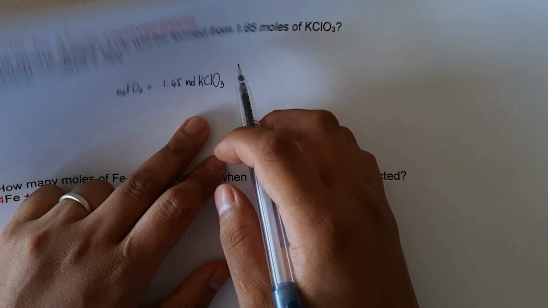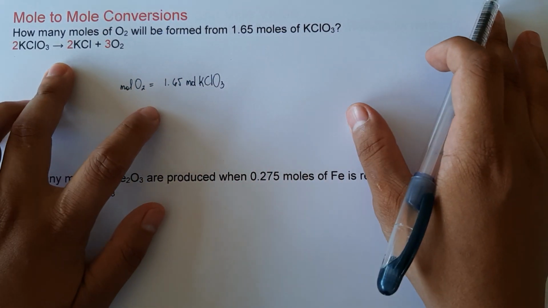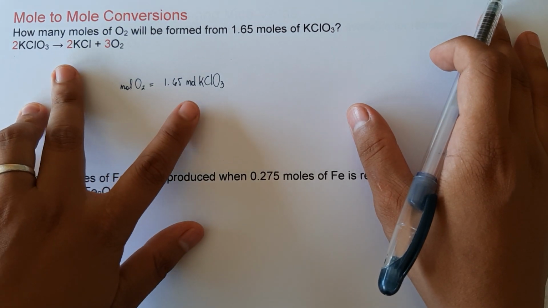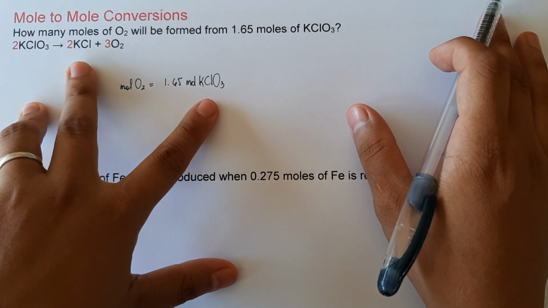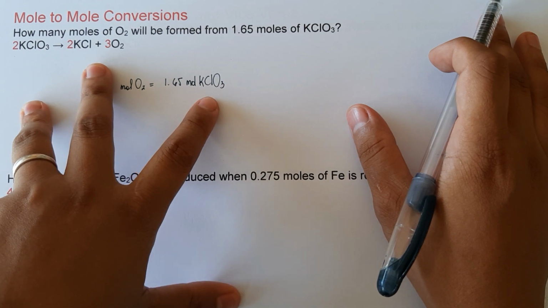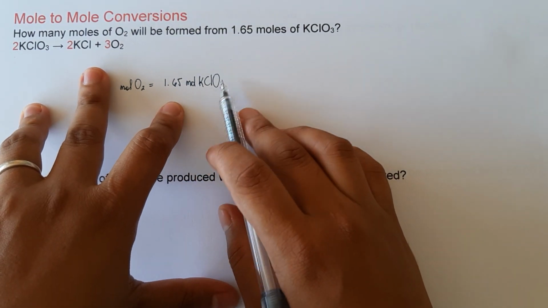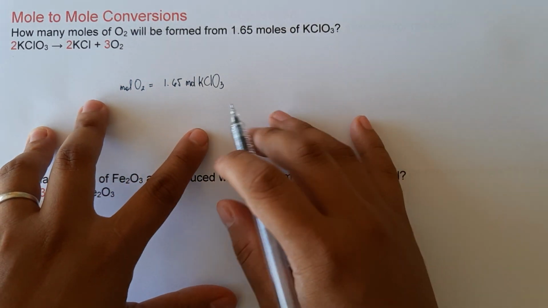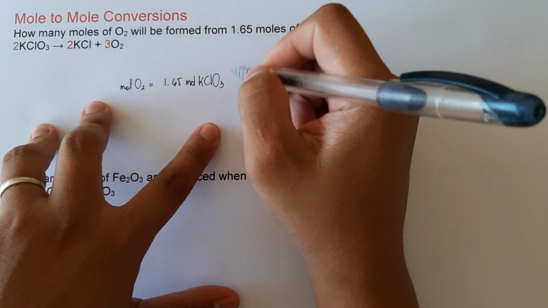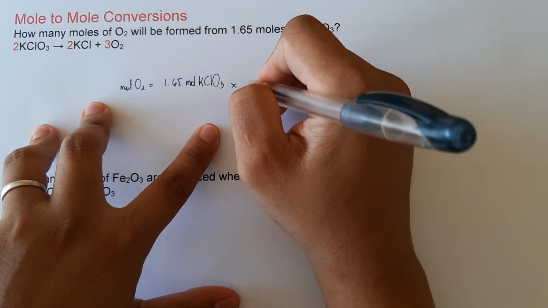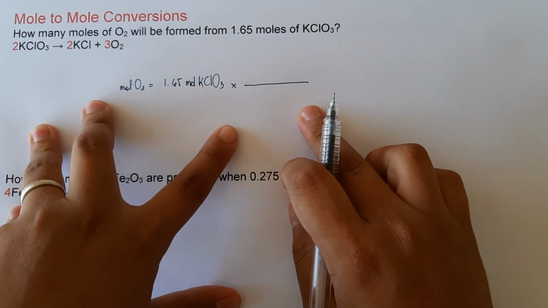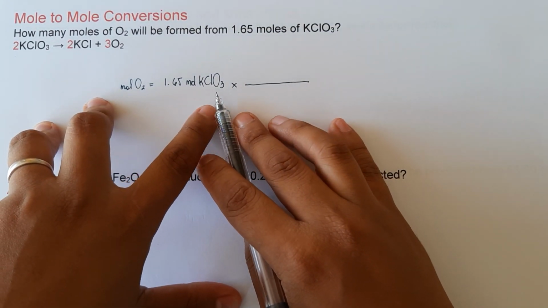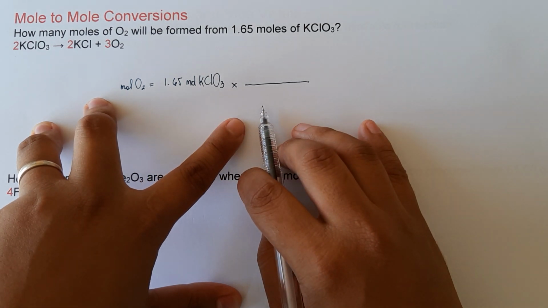In order to solve for the number of moles of oxygen, we need to use the mole ratio of oxygen to potassium chlorate, wherein we need to cancel this unit, mole KClO3. So in order to cancel this unit, we multiply it times a fraction, and to cancel this mole KClO3, it needs to be in the denominator.